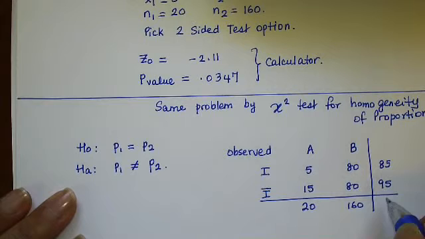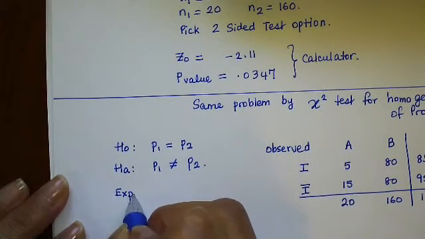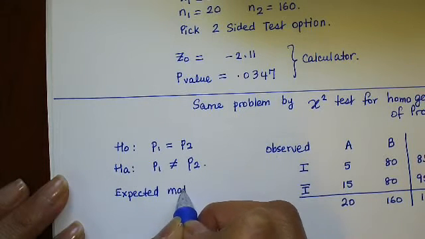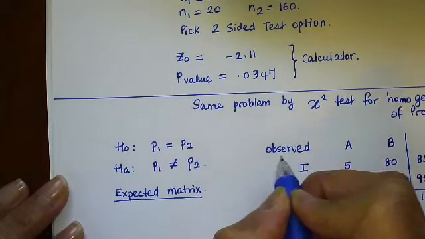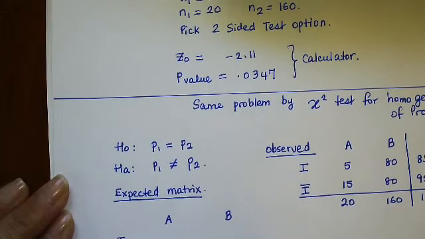Totals are 85, 95, and 180. Let me find my expected matrix right now. Here's the expected matrix. So of course the totals would stay the same: 85 and 95 and 180.